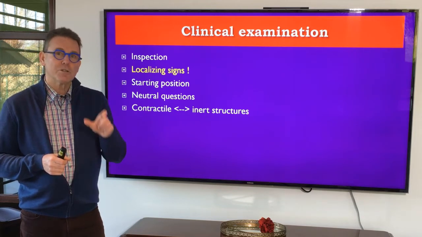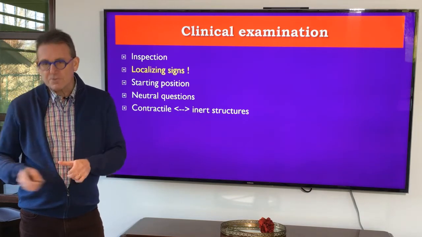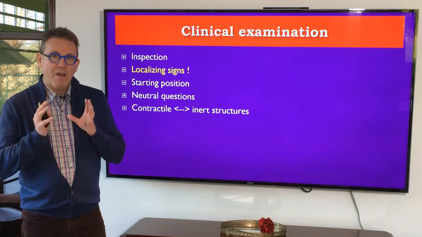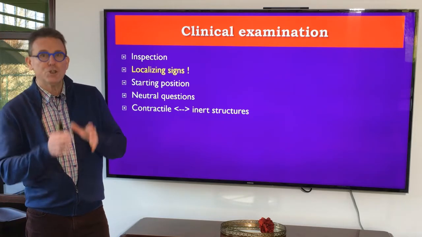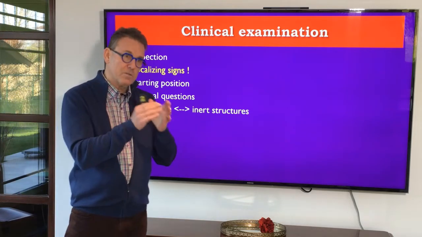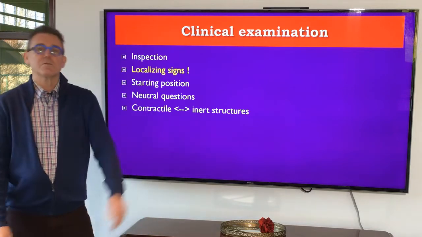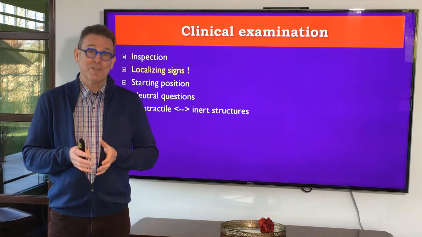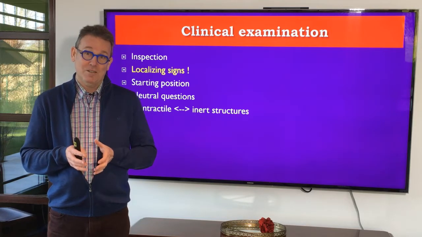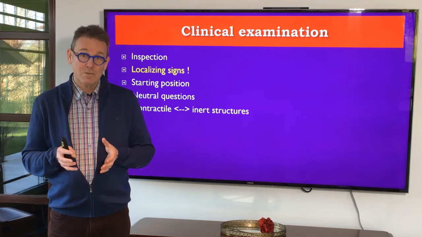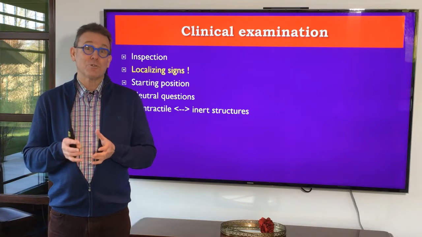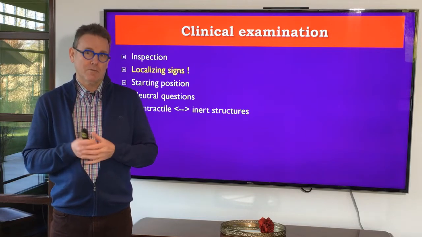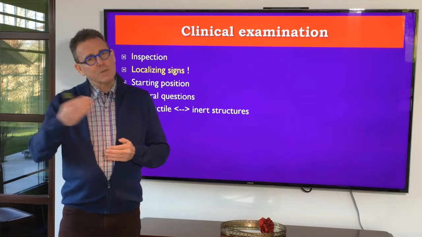The diagnostic specificity is different. In the extremities, very often we reach a very targeted diagnosis, a very specific diagnosis. In the spine, a specific diagnosis is merely an illusion. But let's come back to the extremities.